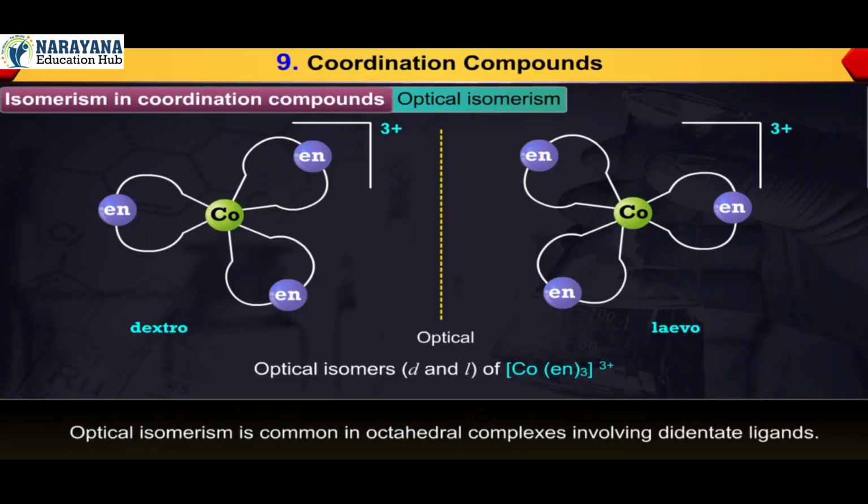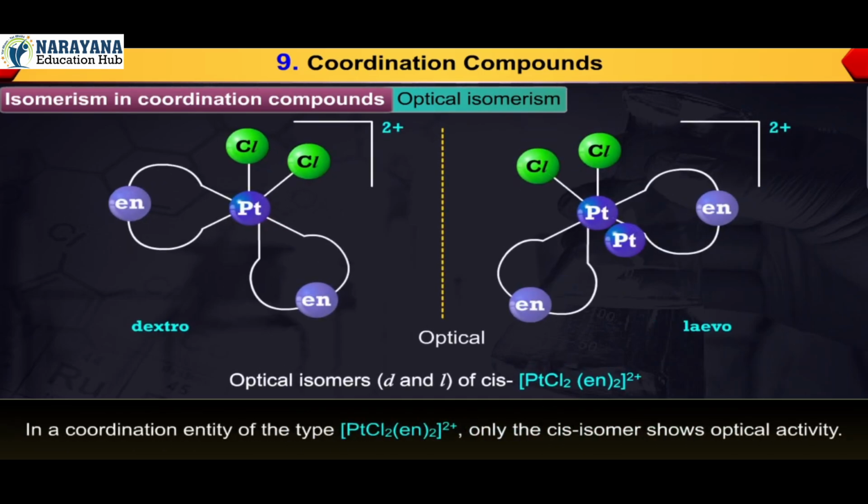Optical isomerism is common in octahedral complexes involving didentate ligands. In a coordination entity of the type [PtCl2(en)2]2+, only the cis isomer shows optical activity.